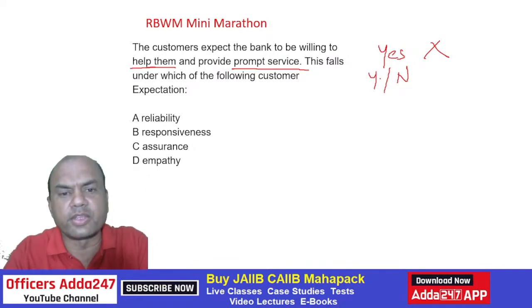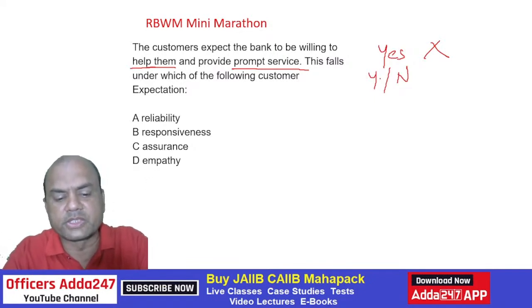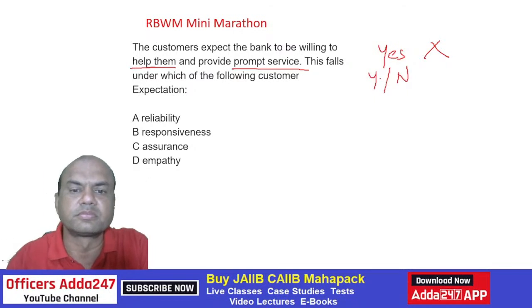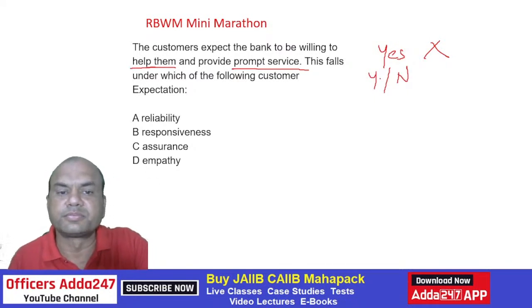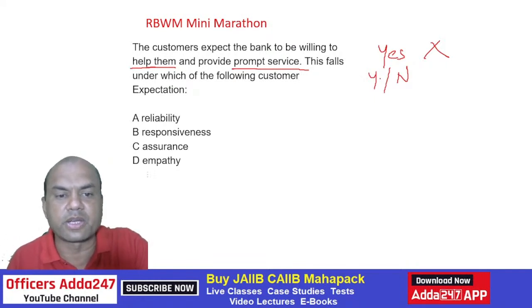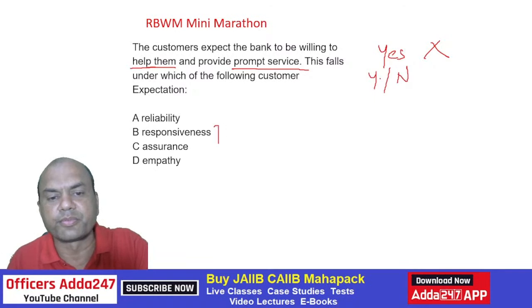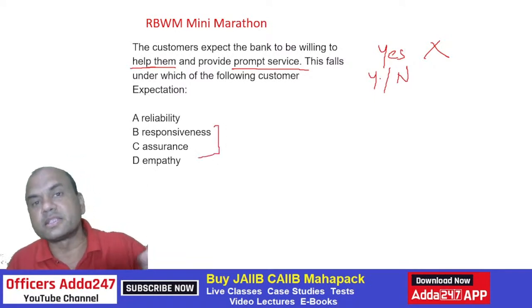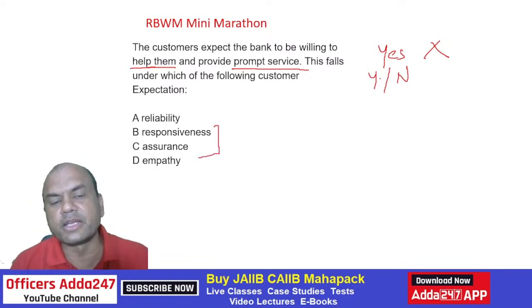See here, you will always have the problem between these two only: assurance and responsiveness. So the right answer over here is between these two only, B and C.